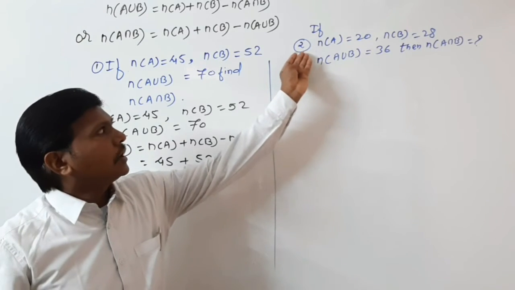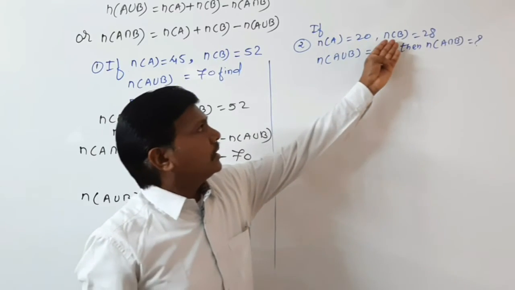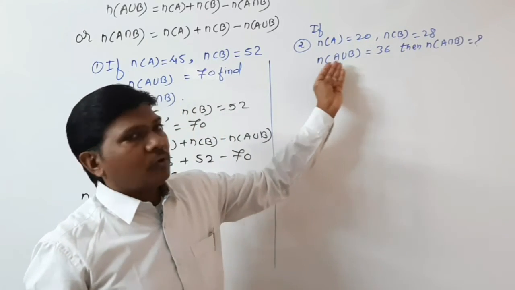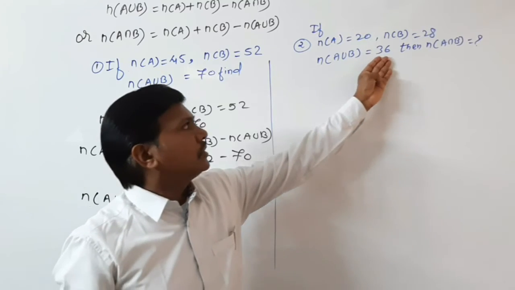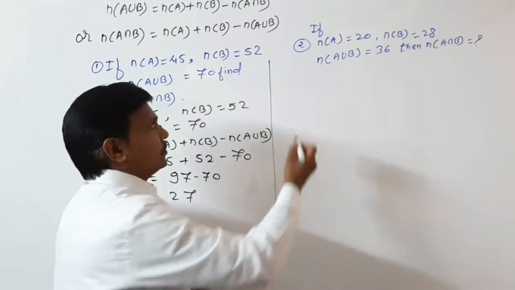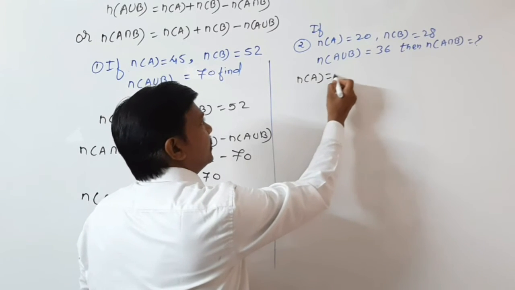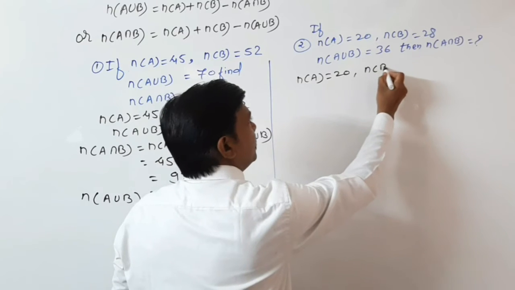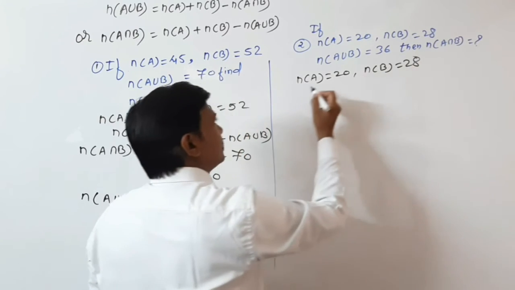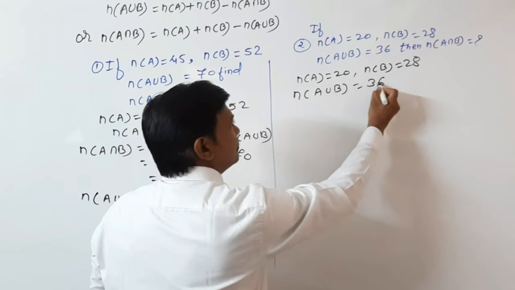Similarly, see second, if n(A) is 20, n(B) is 28, and number of elements in A union B is 36, find number of elements in A intersection B. So again first write given: n(A) is 20, n(B) 28, n(A union B) is given 36.